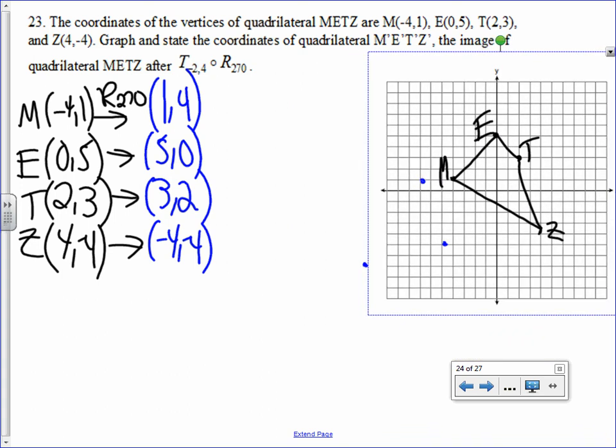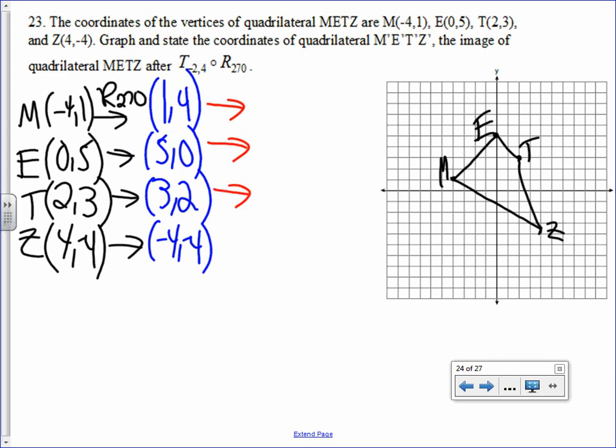I turn it back. Now it wants me to do a translation. If you know your song, you know exactly how to do a translation. Translations add. So I'm going to add -2 to my x values.